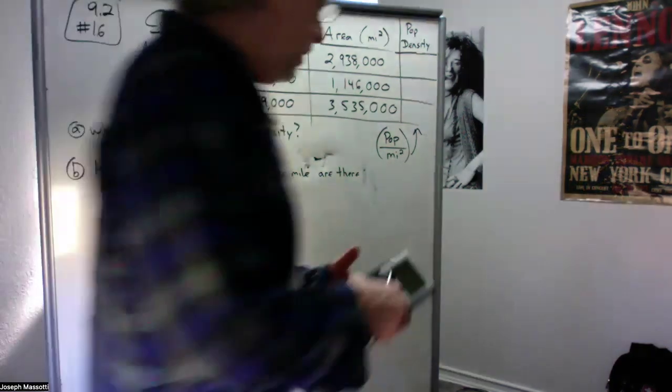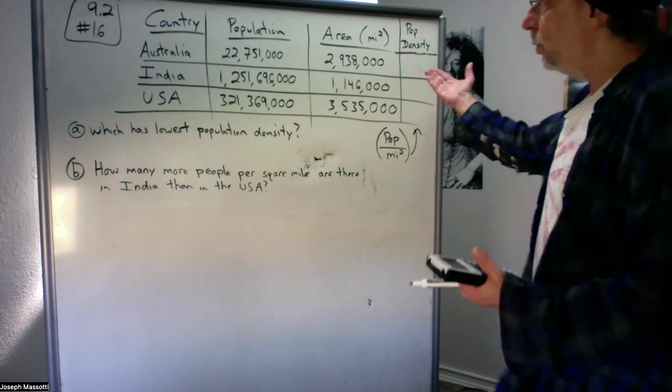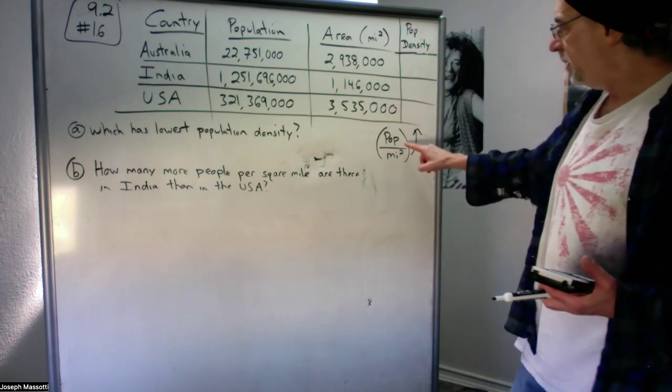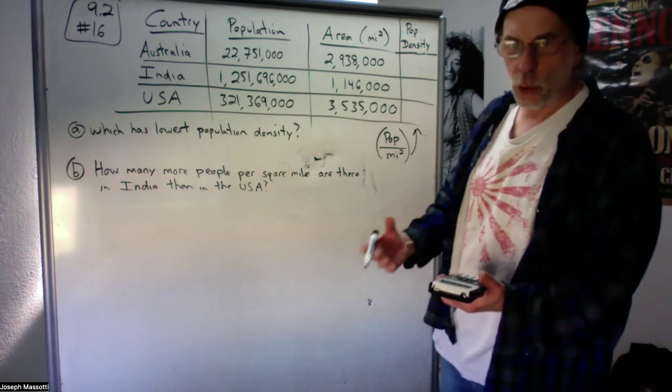So let's figure out the population densities, and then we'll be able to answer those questions. So again, population density is the population divided by the area, the number of people per square mile.